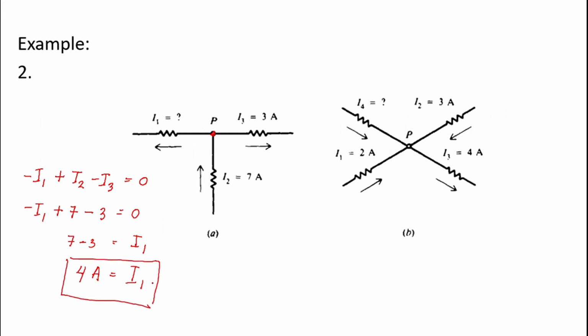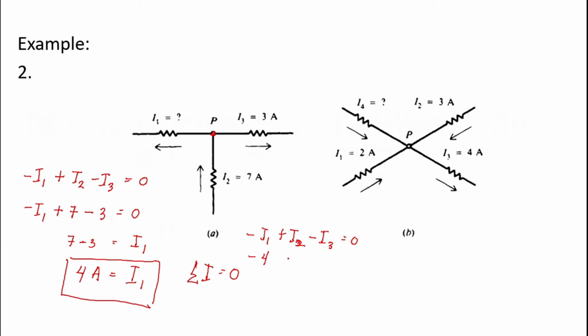Let us check. For the summation of the current along the circuit is equal to 0. Using this equation, negative I1 plus I2 minus I3 is equal to 0. Substitute the value, where I1 is equal to 4. I1 is leaving the junction, so minus 4.